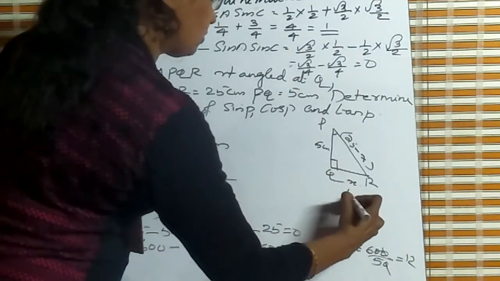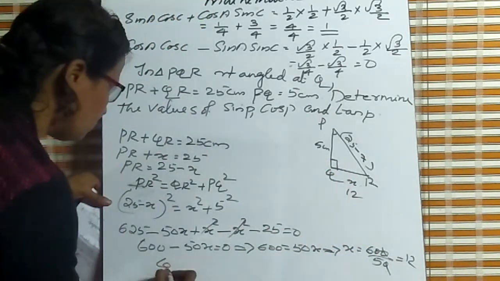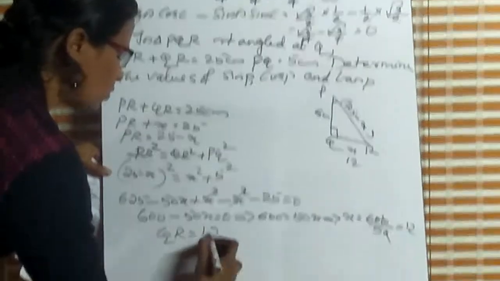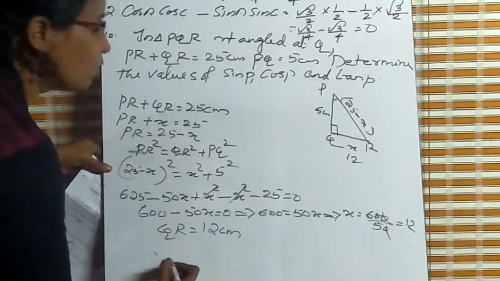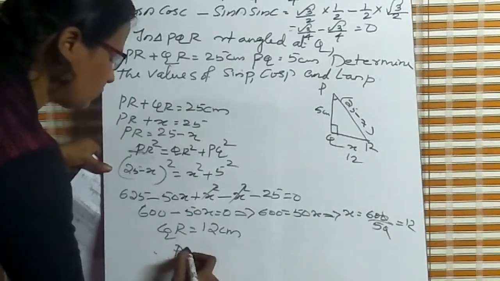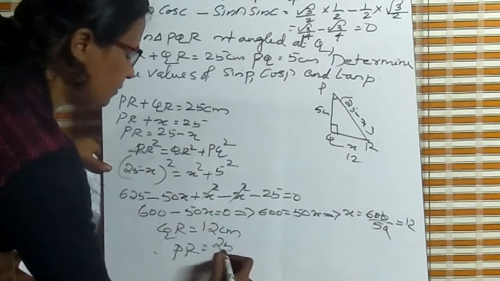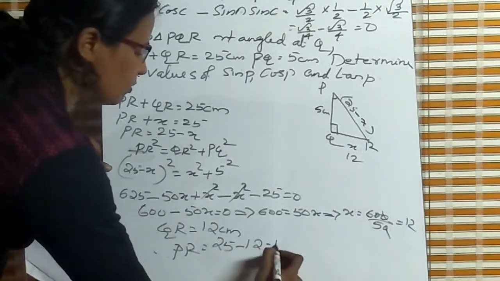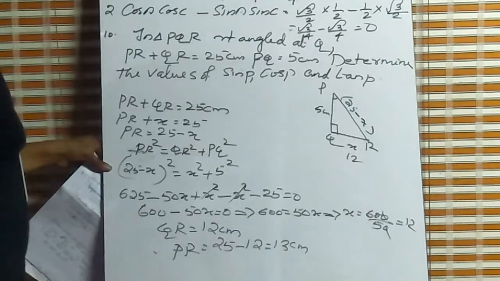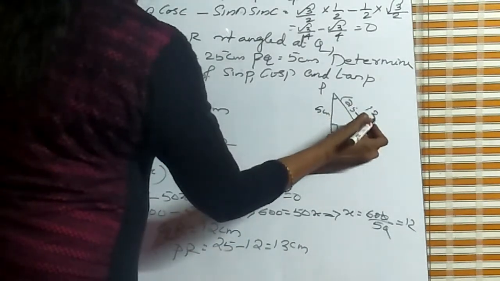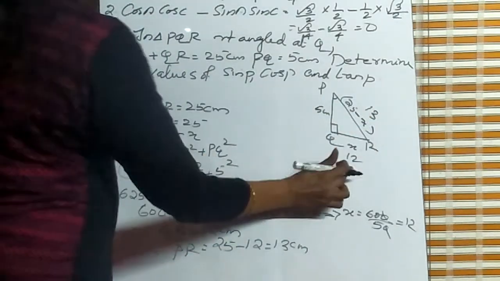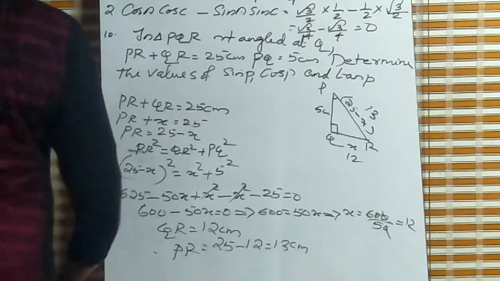So X is equal to QR is equal to 12 centimeter. Therefore PR is equal to 25 minus 12, which is 13 centimeter. This side is 13 centimeter, this side is 12, and this side is 5.